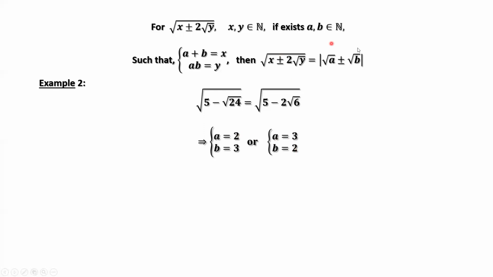Use this result again. Square root of A is square root of 2, minus square root of B is square root of 3. We consider the absolute value. Because the square root of 3 is bigger than square root of 2, we put the square root of 3 first. Square root of 3 minus square root of 2 is the answer for example 2.